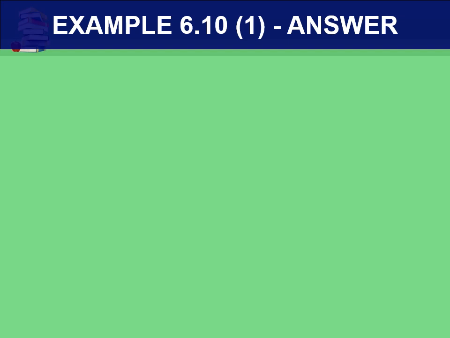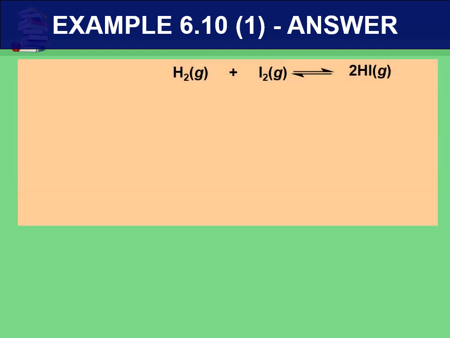Okay, the first thing that you need to do is write the balance equation on top, and then you are going to write initial in the first row so that we can calculate the concentration of the reactants by using the number of mole given in the question divided by the volume of the flask used.